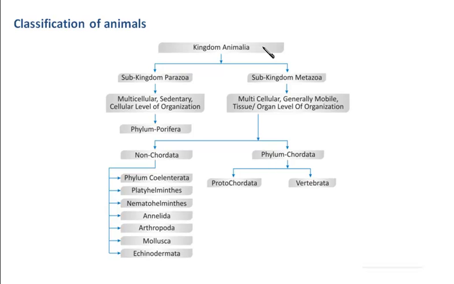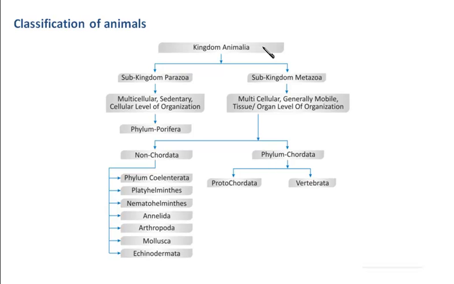So here in this chart, I'm showing you the subclassification of kingdom Animalia in which the organisms are multicellular. Fine. So depending upon this cellularity, basically these organisms, I'm sorry, not on the basis of cellularity. It is not only the number of cells, but according to other particular features also, right?